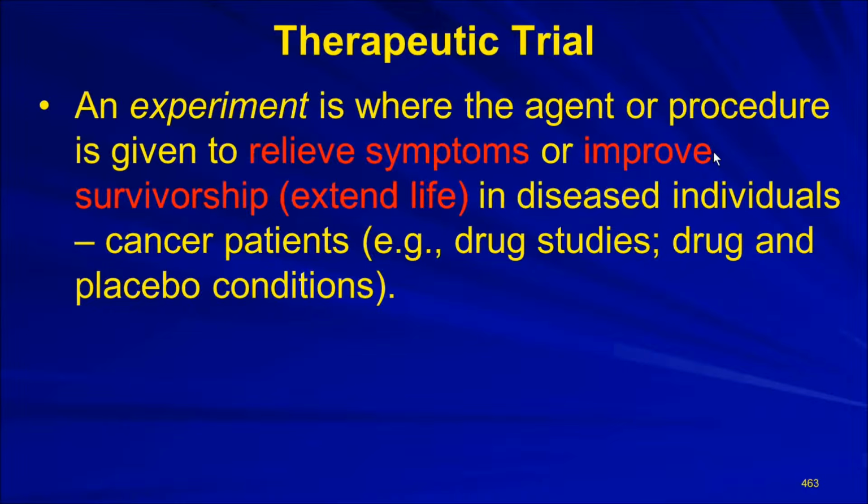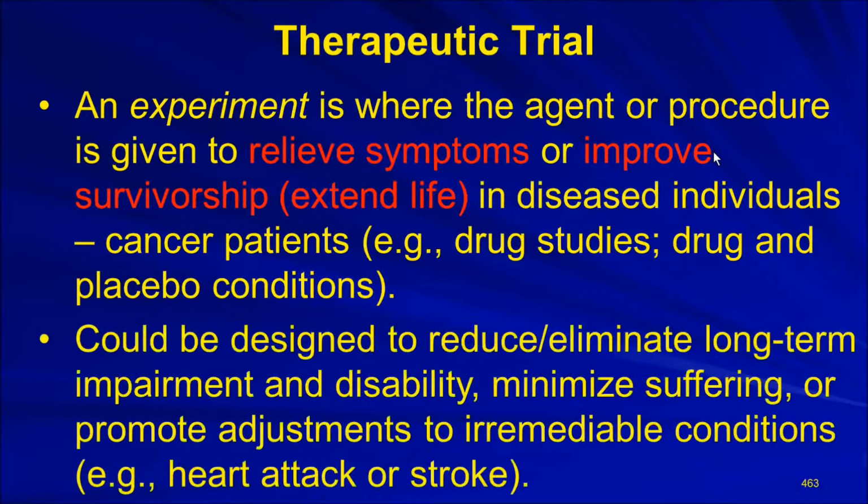Cardiac rehabilitation is a good example of a therapeutic trial, because a person already has a disease, and you're trying to do the following: reduce or eliminate long-term impairment, disability, suffering, or promote adjustments to your remedial condition, and you want to keep them from deaths.